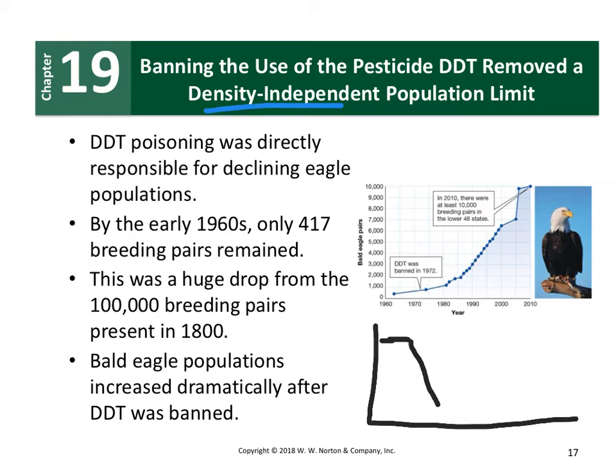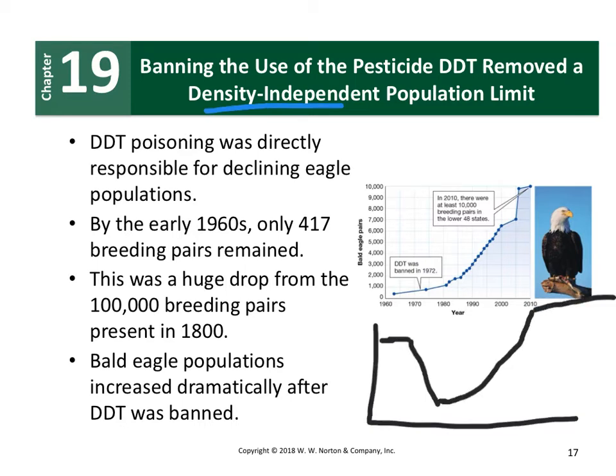And then once DDT was banned, it took a while, but then the population started growing again. And now in the United States, there's at least 10,000 breeding pairs, but there is, of course, a limit on how much food there is.